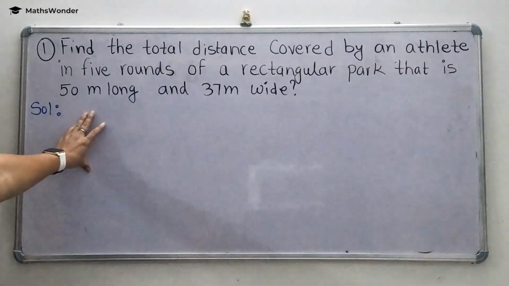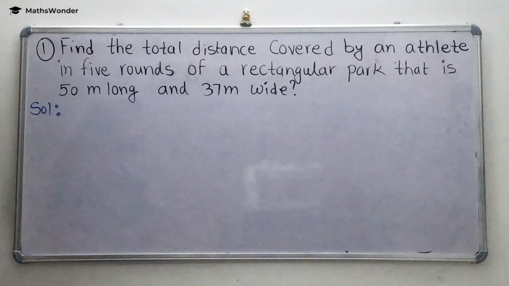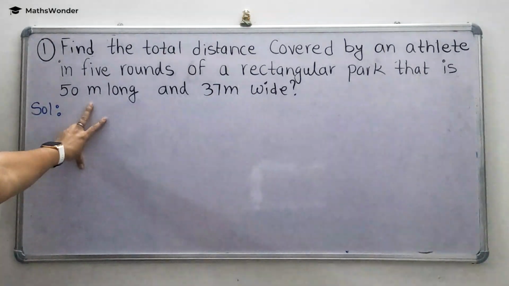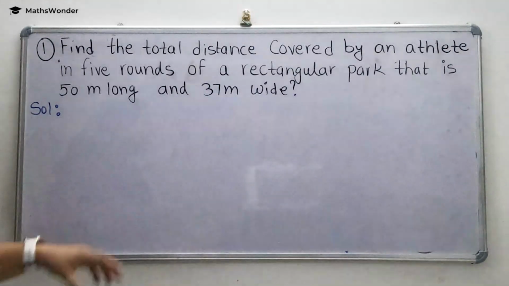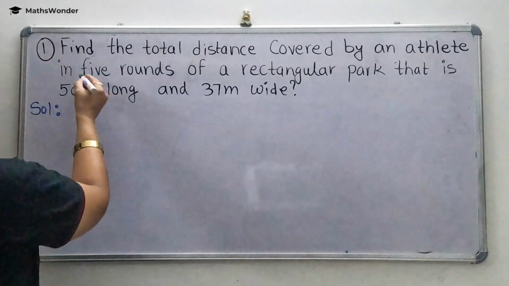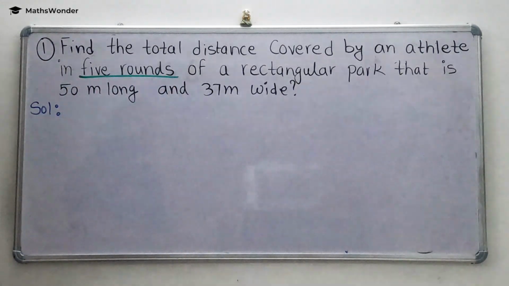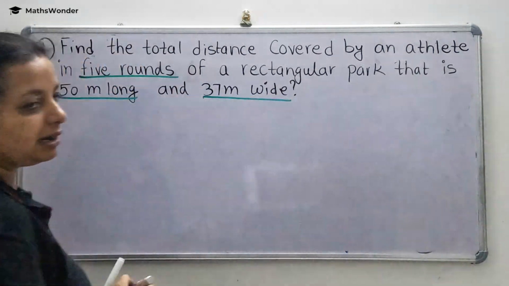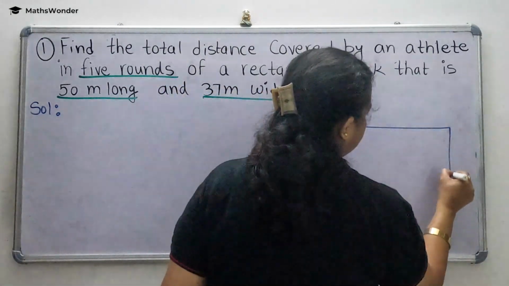See, the question is based on perimeter, but a different type; the basic concept we have already learned in the previous class. Now the question is, find the total distance covered by an athlete in 5 rounds. The keyword here is 5 rounds, of a rectangular park that is 50 meter long and 37 meter wide.